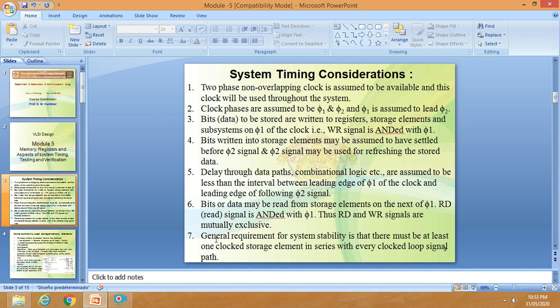The last consideration is the general requirement for system stability: there must be at least one clocked storage element in series with every clocked loop signal path. So these are some timing considerations for reading, writing and refreshment of the memory.